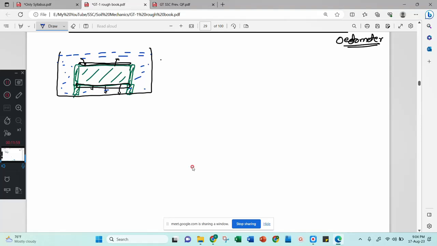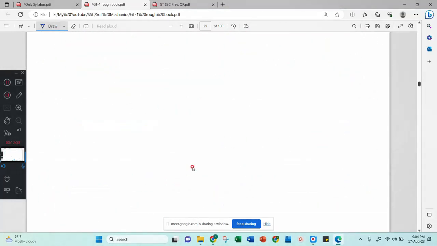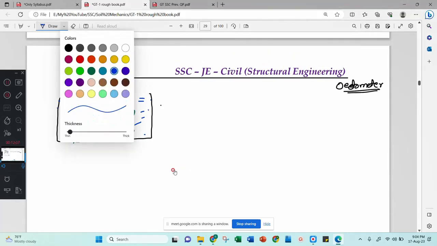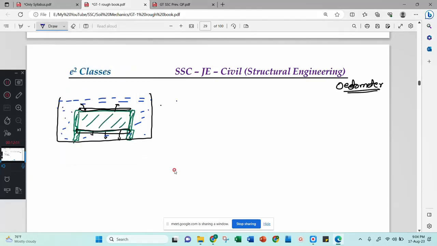Okay, now this is enough. Then after that we will apply some static load on this sample. For that I will make an arrangement here. I will put one steel plate, and above that steel plate I will put one ball ring so that it can distribute the load equally.